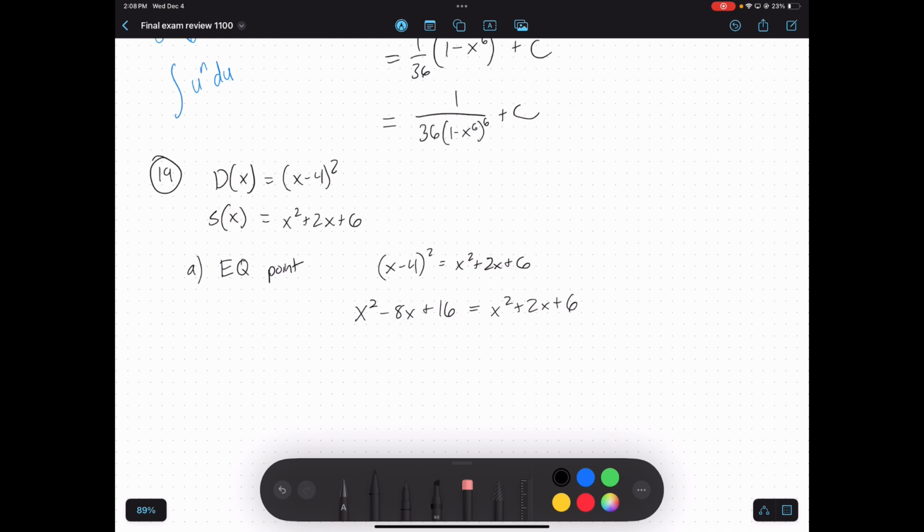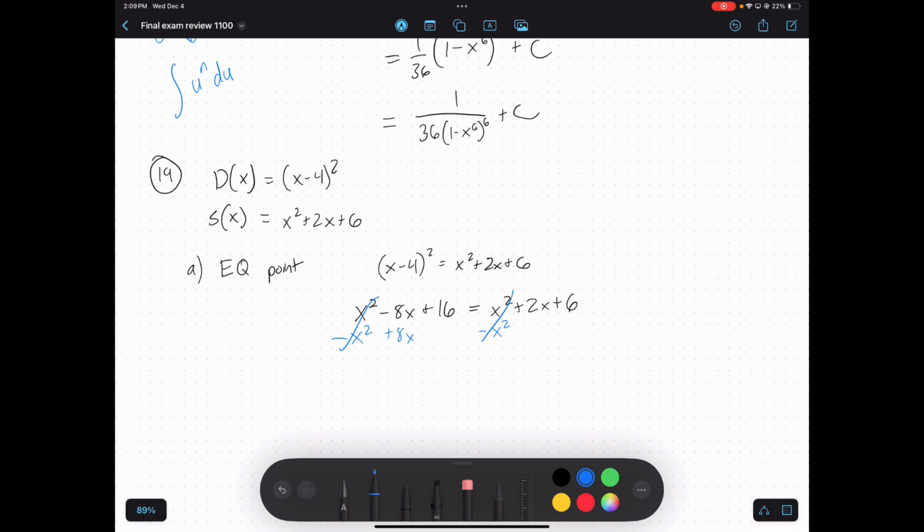Now I can subtract things over to get it all into one side. So I'll go ahead and subtract x squared, subtract x squared. What do you notice? Both sides cancel, so both of those will go away. And then, at this point, I can kind of pick and choose where I put things. Since I was able to get rid of the x squared terms, I can pick and choose where I put it.